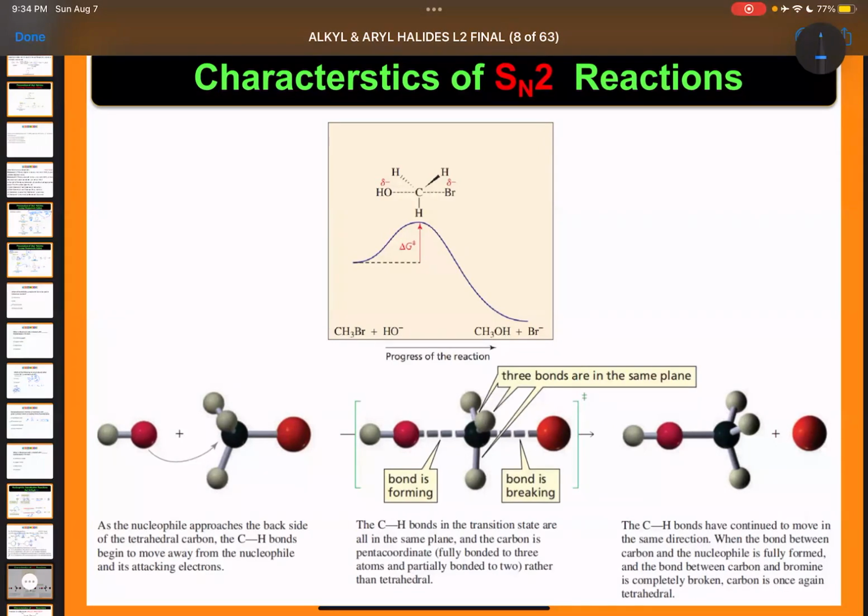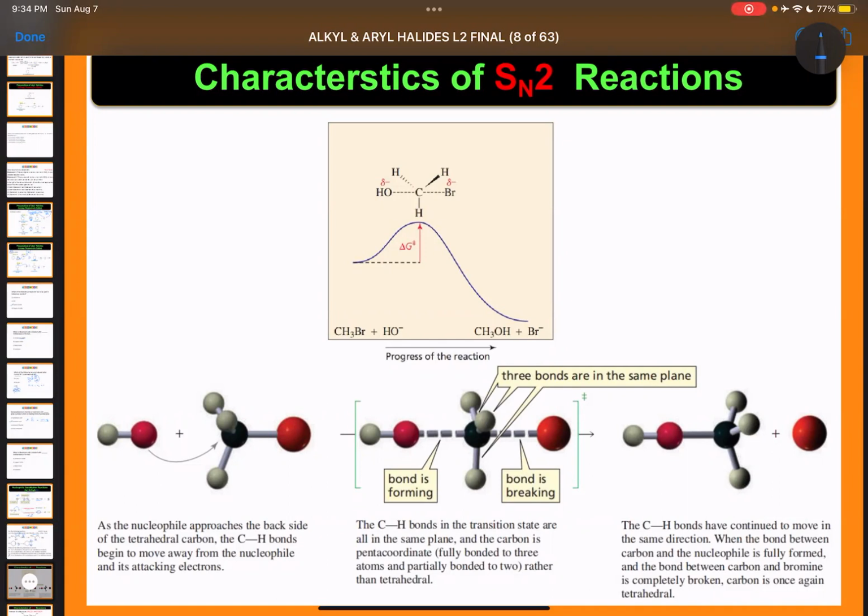Let me discuss the SN2 reaction first. The full form of SN2 is substitution nucleophilic bimolecular, and it is a single step reaction.